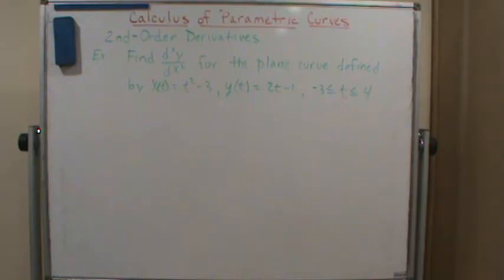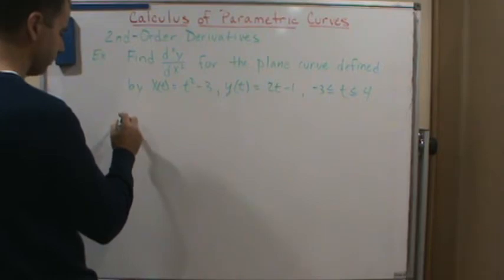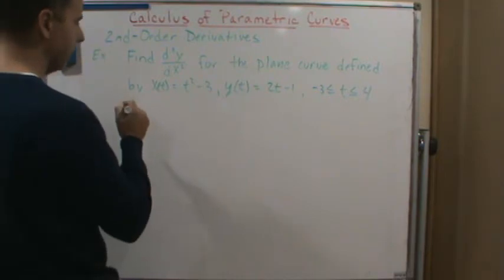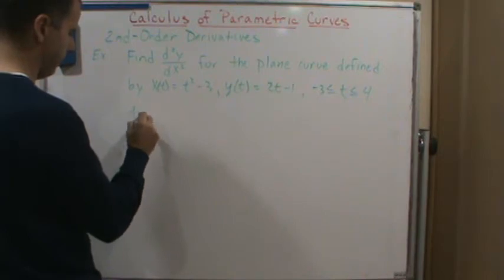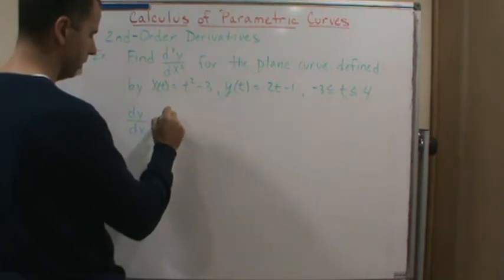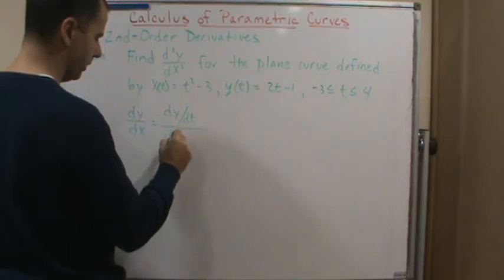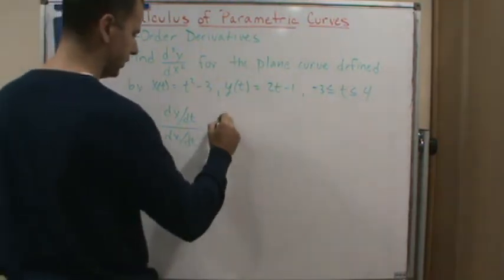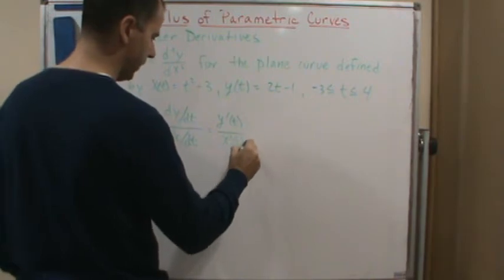So first we need to find dy/dx. So what's dy/dx? That's going to be dy/dt over dx/dt, which is just y prime of t over x prime of t.